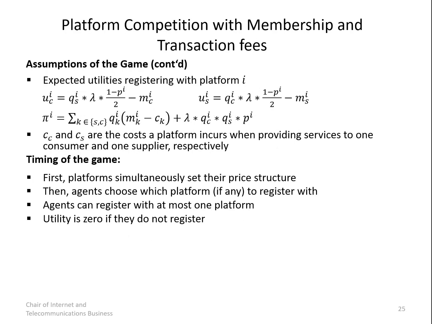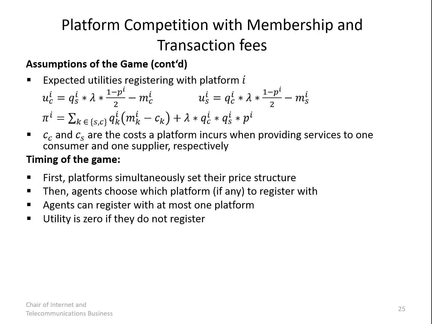Then further assumptions of the game are that the expected utility of registering with platform i for consumers is the total number of sellers on platform i, times the probability of being matched with a seller, times the gain from the match, which is (1 minus P_i) divided by 2, minus the fixed fee, or the membership fee, being paid to platform i by consumers.